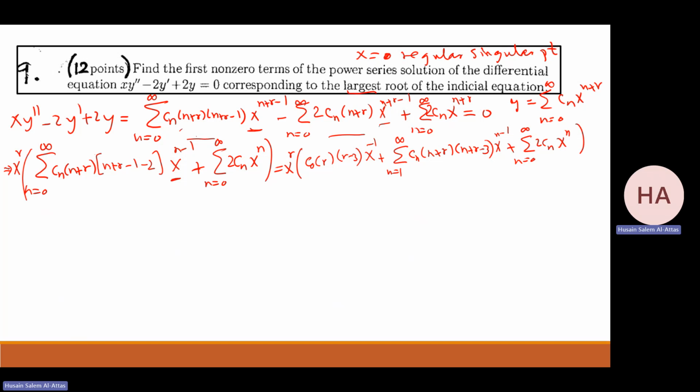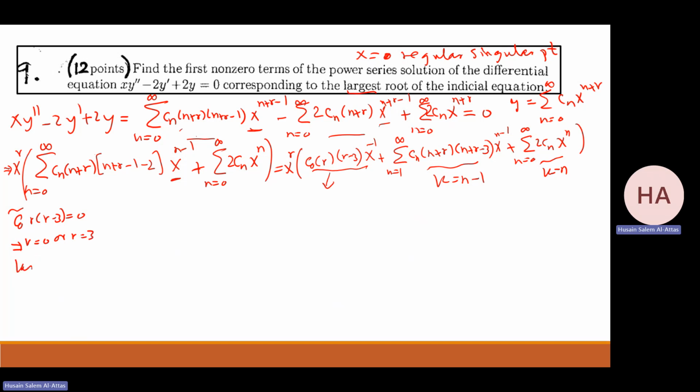Okay, so I'll do this trick about the k. Let k equal n minus 1 here, and k equal n here. This will give me the indicial equation. So I have c_0 r (r minus 3) equals 0. c_0 is arbitrary, so I have r equals 0 or r equals 3.